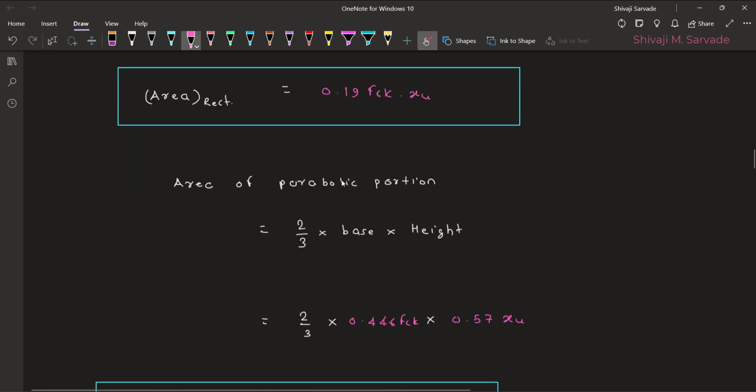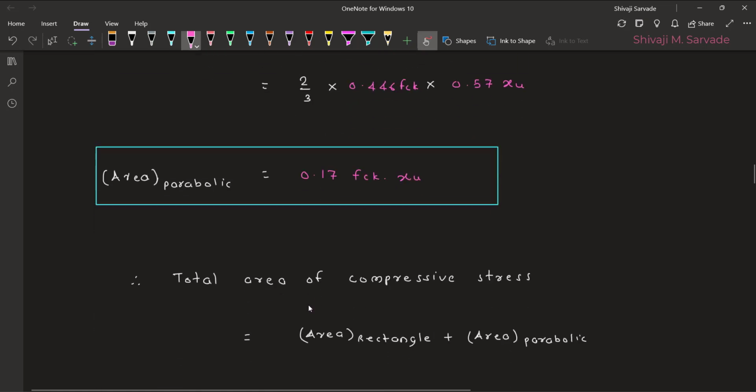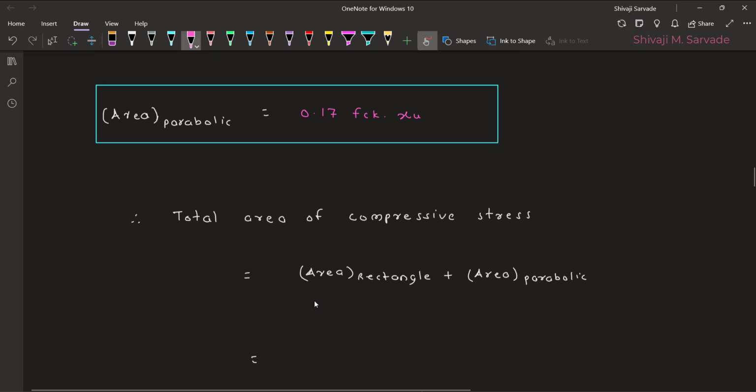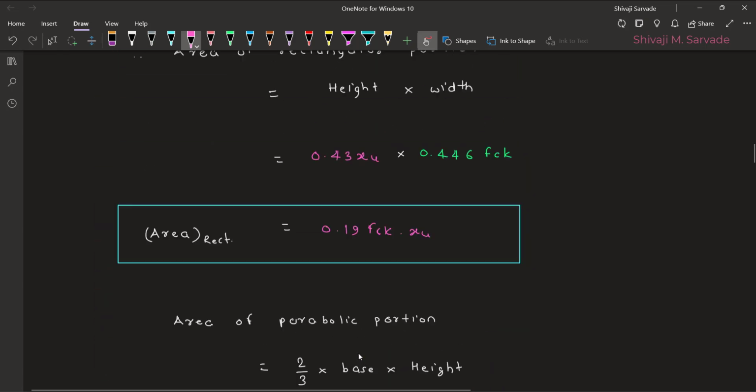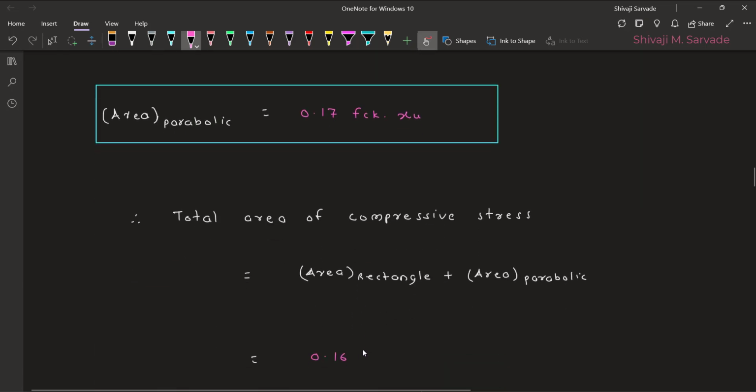We have the rectangular portion area, we have the parabolic portion area. If we add them together, we are going to get our final answer, that is the total area of the compressive stress block. The rectangular area was 0.16, if I am correct, let's check. It is 0.19, not 0.16. So it is 0.19 into fck into Xu, plus we have the parabolic area, which is 0.17 fck into Xu.